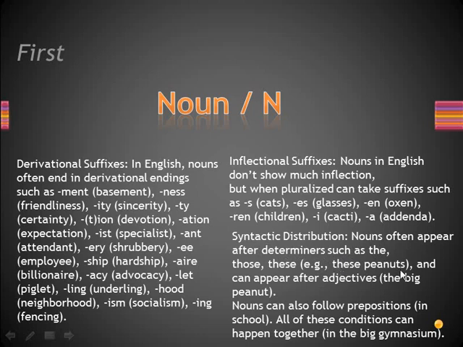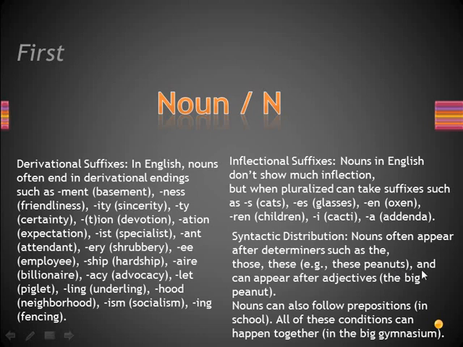These peanuts. We know that this is a determiner, or you can say a demonstrative pronoun. So we have a determiner, and usually after a determiner we have a noun, and we can see the -s right here.